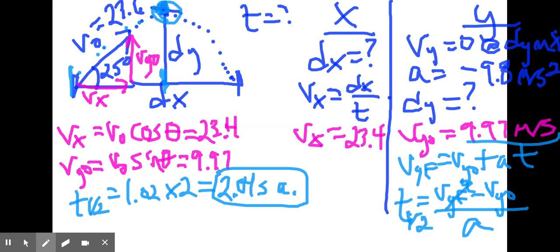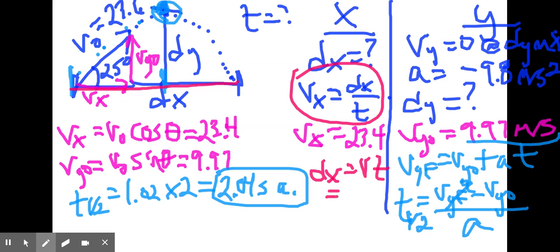Now the next thing we can do is pretty quick. The next thing I asked you for was how far forward Captain Kirk travels. So that would be this dx. Well, we have an equation here that is set up pretty simply, and we can go ahead and solve for dx. So dx is equal to vx times time.